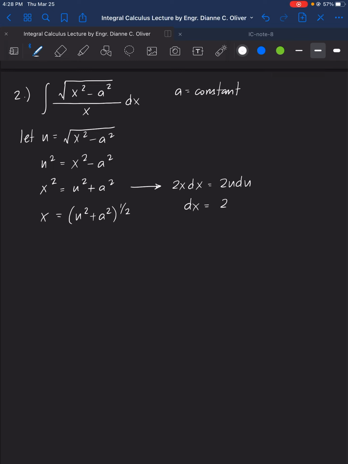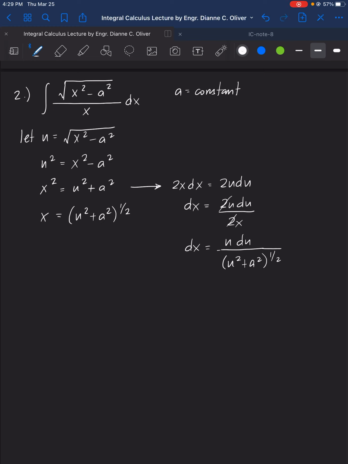So dx equals 2u du all over 2x, cancel 2. What's left is u over x. So dx equals u du all over x, and x is u squared plus a squared raised to 1/2. Okay, so that is for the u.